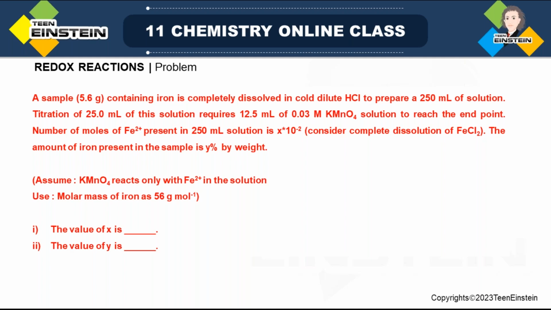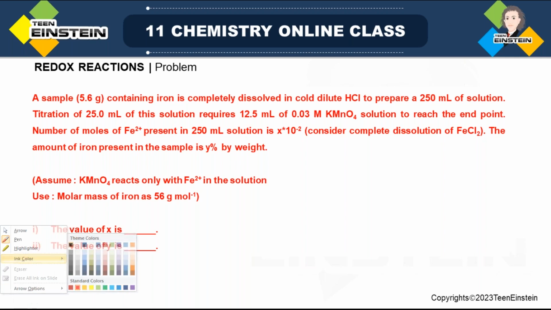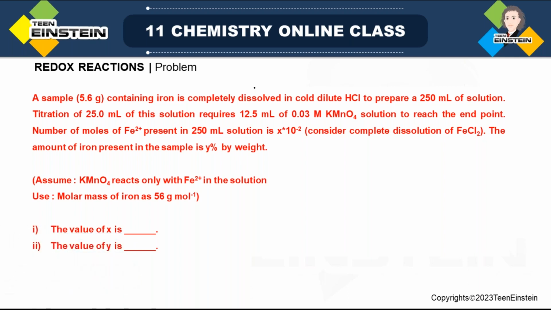And the first one is already covered, and this problem is based on the first titration. So here the problem looks big, but actually it will not take much time. Fine. And there are a total of 2 answers that we have to give. It says that the mass of the sample is 5.6 gram, and in that sample there is iron. This iron is completely dissolved in cold dilute HCl, and a solution of 250 ml is prepared.